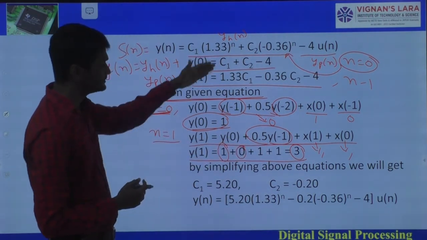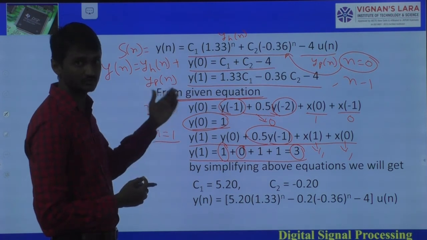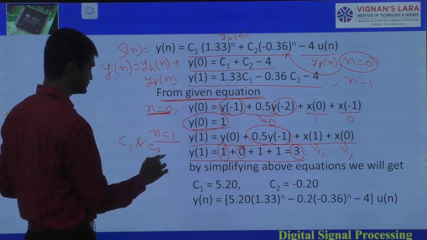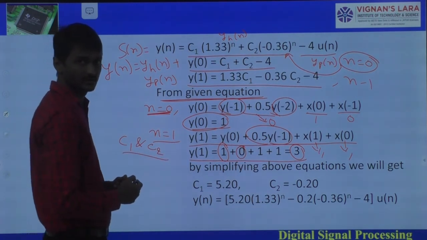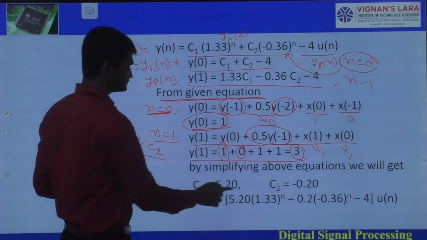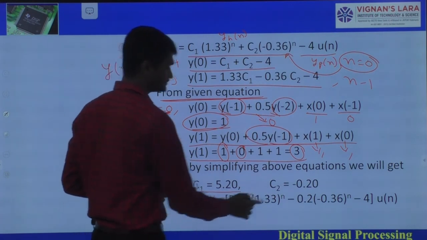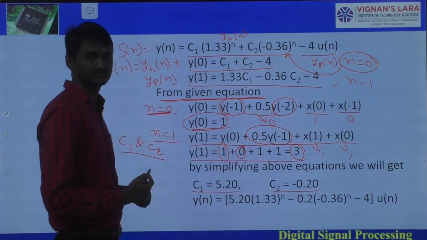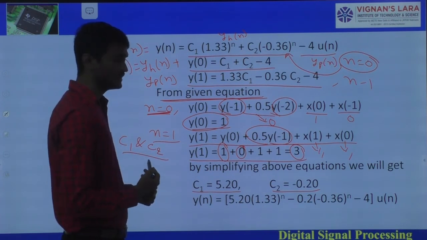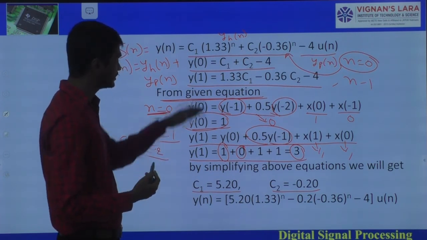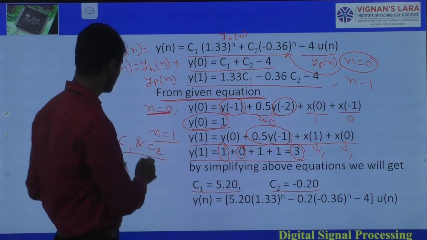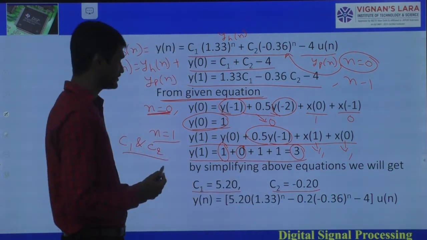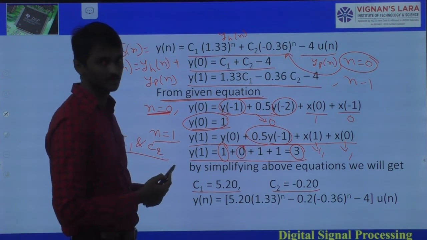After solving these equations for the constants C1 and C2, we get C1 equal to 5.2 and C2 equal to minus 0.2.